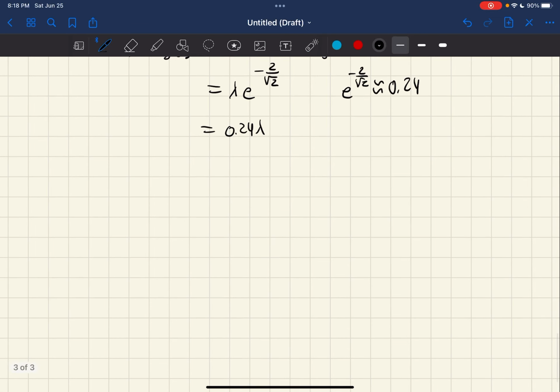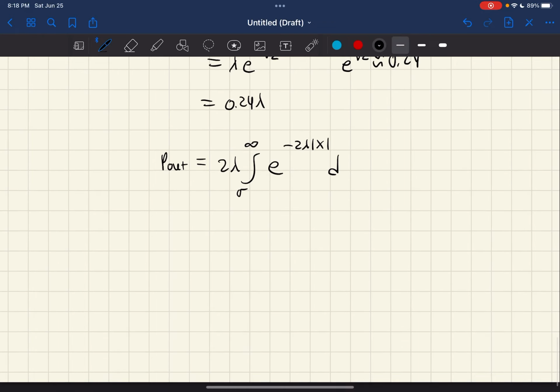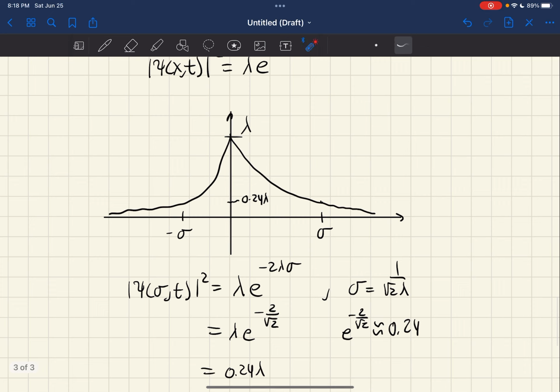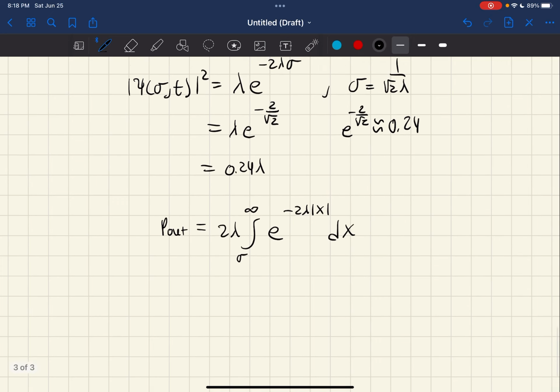So let's go ahead and do that. The probability out will be this integral right here from the positive standard deviation to infinity of 2 lambda e to the minus 2 lambda absolute value of x dx. So we just need to find this, and we'll find the probability of finding the particle outside of this region right here, outside of the spread.